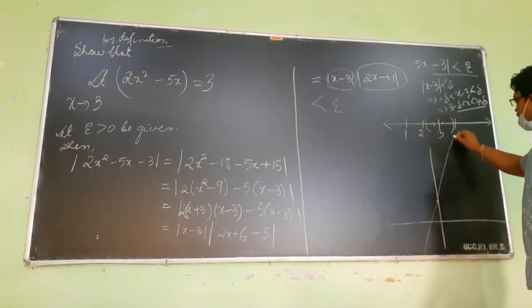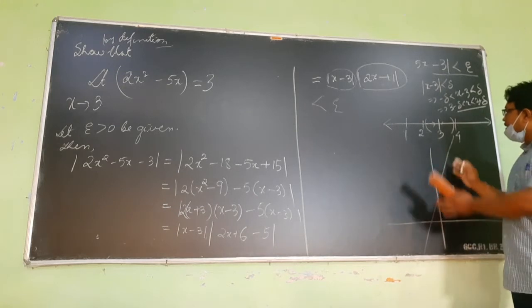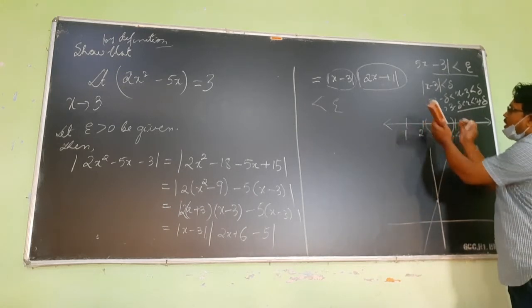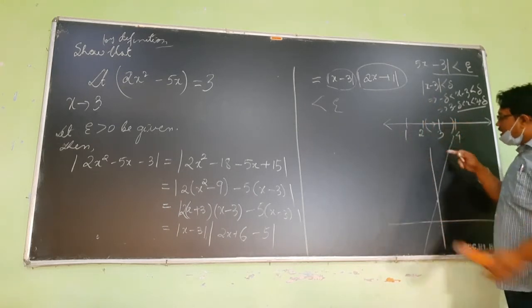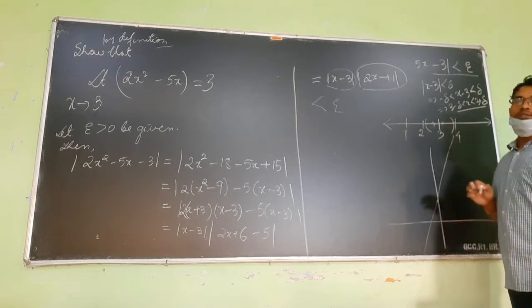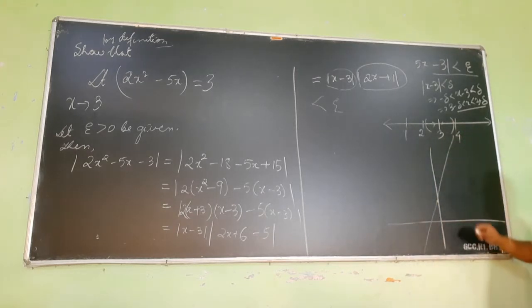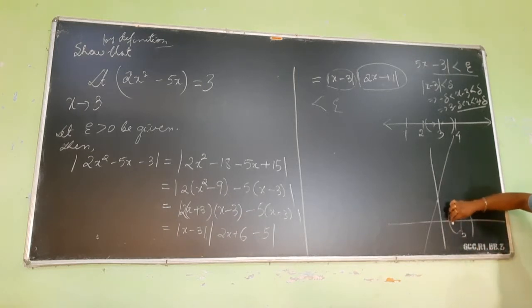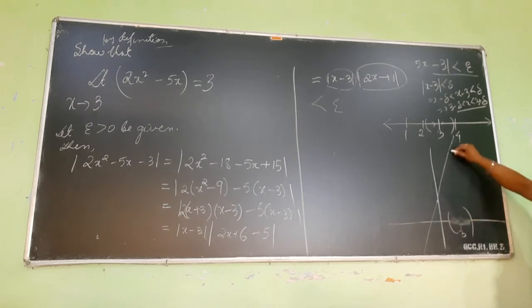Can we make it bounded around the point 3? This is what we have to think. Can we bound this function in a neighborhood of 3? 3 is somewhere here. Inside this area, is this function bounded?